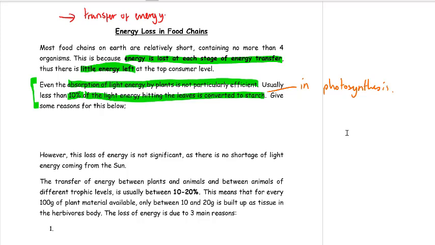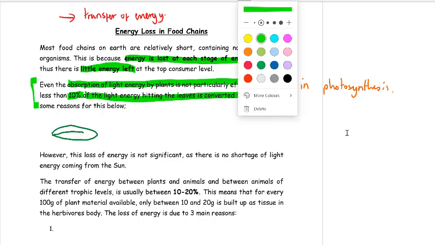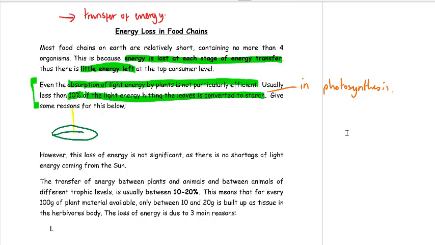Now, there's several reasons for this. If we've got a little leaf here, what has to happen is the light has to shine down and it has to hit a chloroplast. The chloroplast has to trap the light energy and it has to photosynthesize with that. But with all this light, lots of it just doesn't get used in photosynthesis.